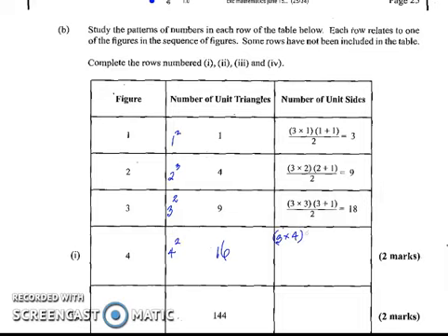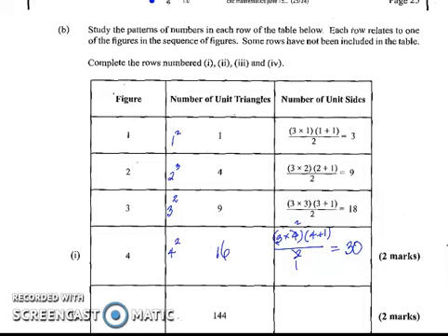Then you're going to multiply by the figure number plus 1, which is 5, and then divide by 2. If we divide 4 by 2, we're going to get 2. 2 threes are 6. 6 times 5 is 30. So the fourth figure has 30 sides.